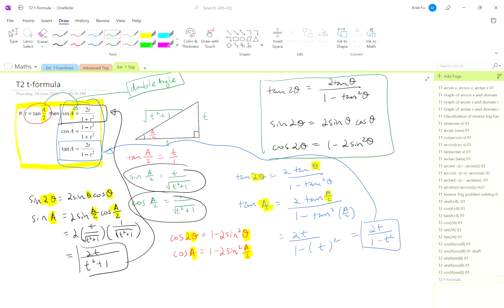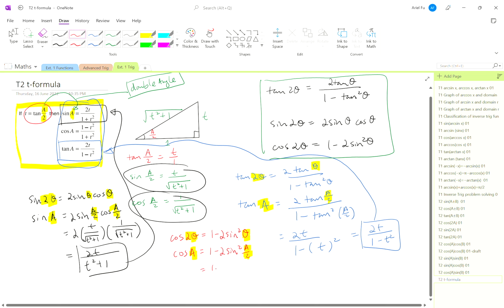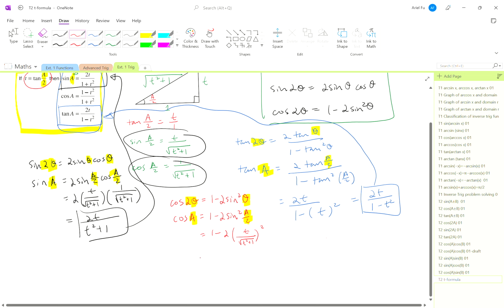So this is the same as 1 minus 2 times, what is sine of A on 2 squared? It is T over square root of T squared plus 1, squared. Once we get there, this is the same as 1 minus 2T squared all over T squared plus 1. With the same common denominator, that is T squared plus 1 minus 2T squared all over T squared plus 1.